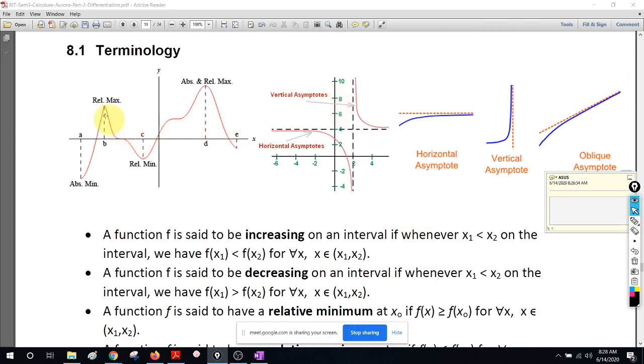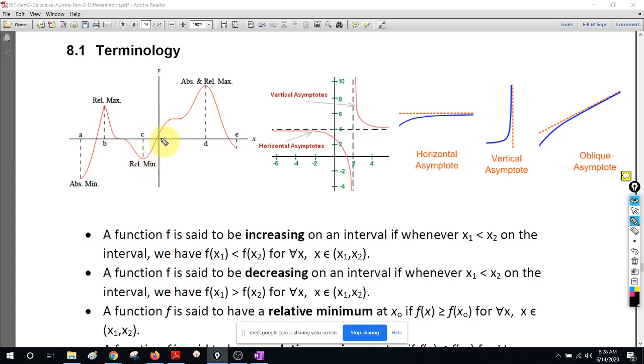A point like this is called a maximum, because you can see it goes up and then comes down again. This kind of point is called a minimum, because you can see it comes down and then goes up again.